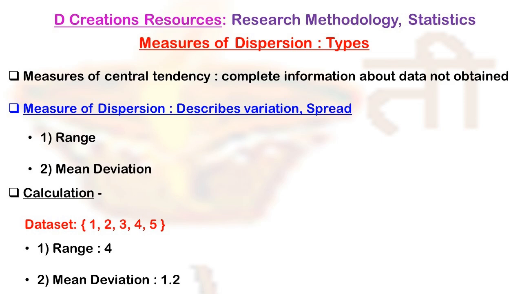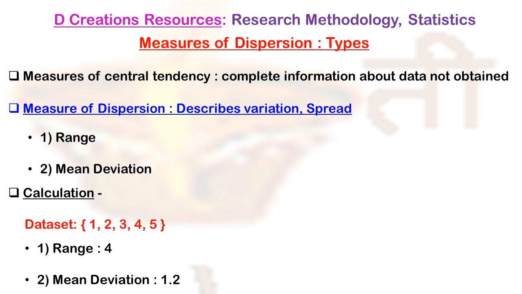Now if you consider the mean and see the deviation of numbers from it, some of the numbers will be negative and some will be positive. Obviously, if you add all these, you will just get zero. That is, the deviation will just vanish. So in order to avoid that, we are going to consider the absolute value.